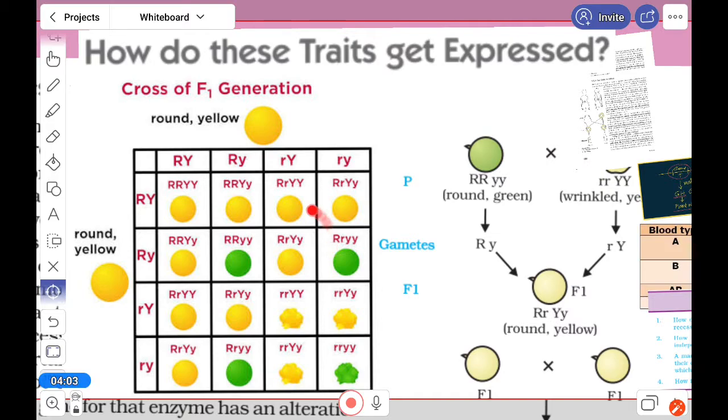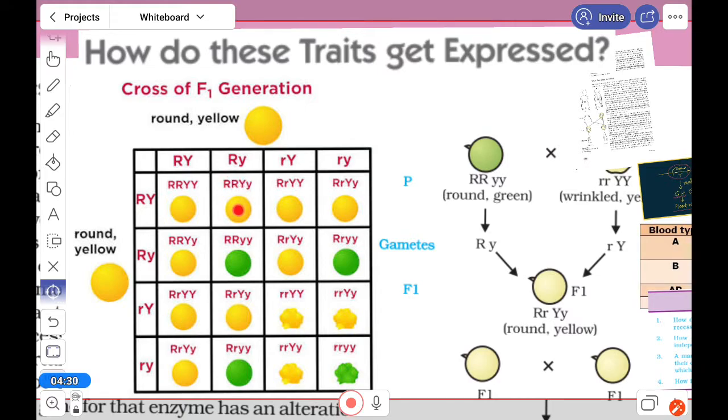After that, when we form the square pattern and recombine everything in the F2 generation, suppose RY, all capital, so here we have got round and yellow. Always remember, round is the dominant character.